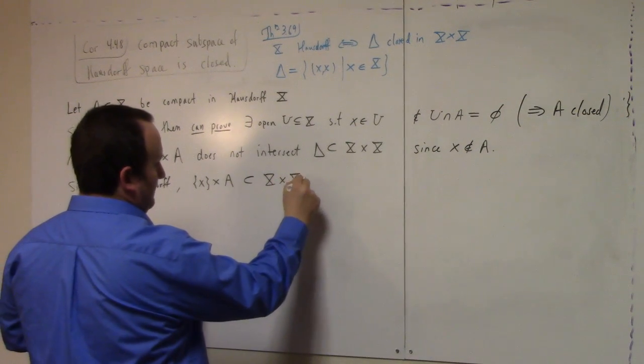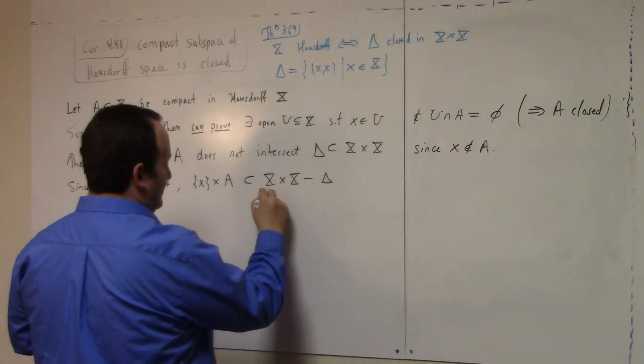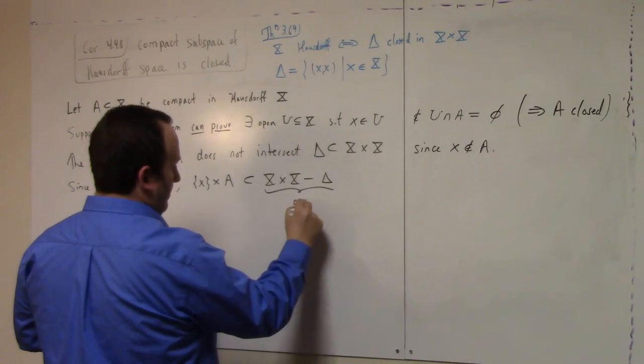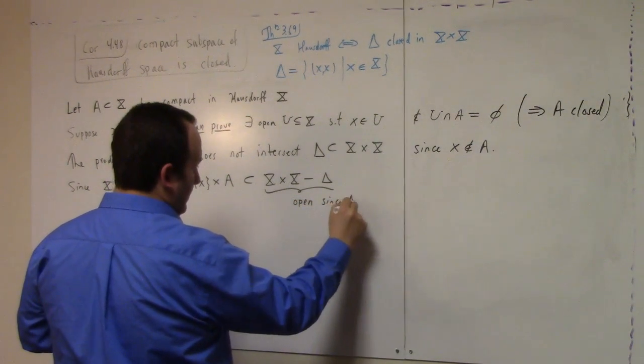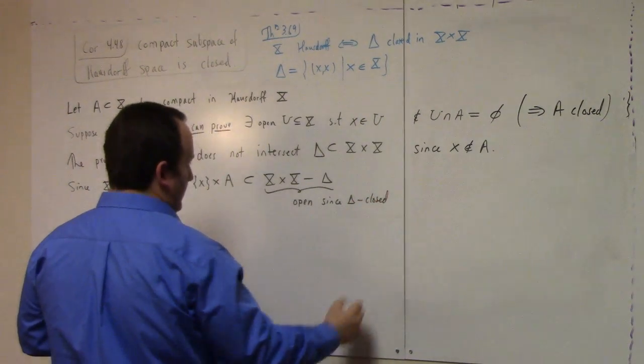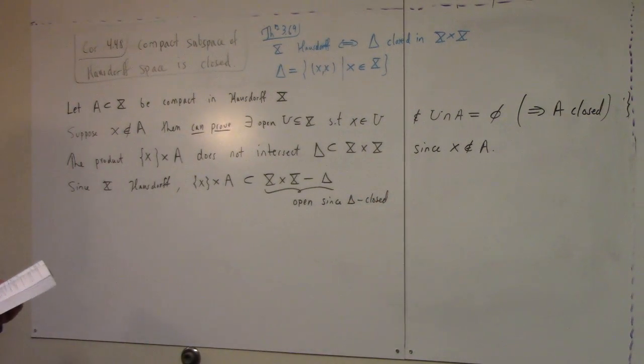Aha! You see why this is open? Because the diagonal is gone. And remember, if we complement by a closed set, we get an open set, by definition.